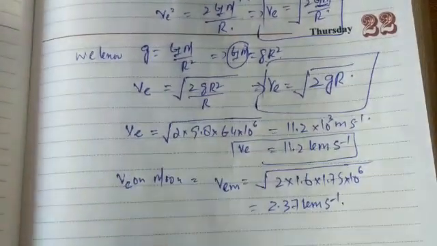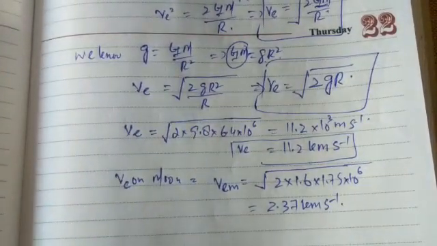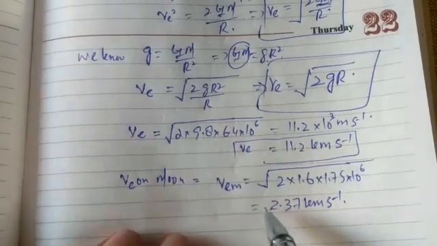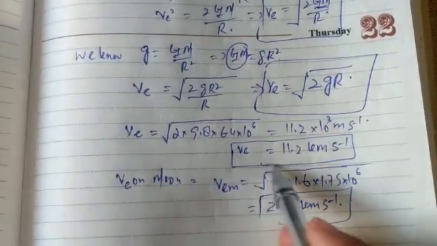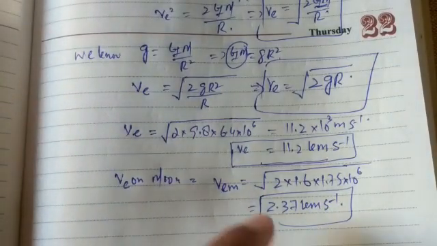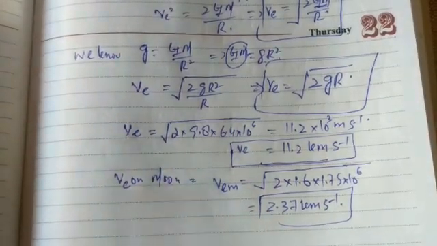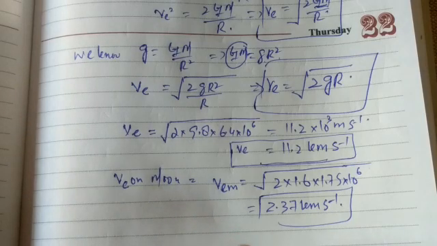So this is the acceleration due to gravity on the moon, and this is on the earth. From these two values we can conclude that the acceleration due to gravity is more on earth because of the larger value of g.